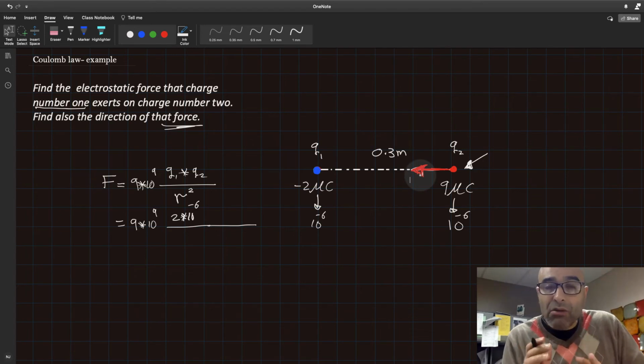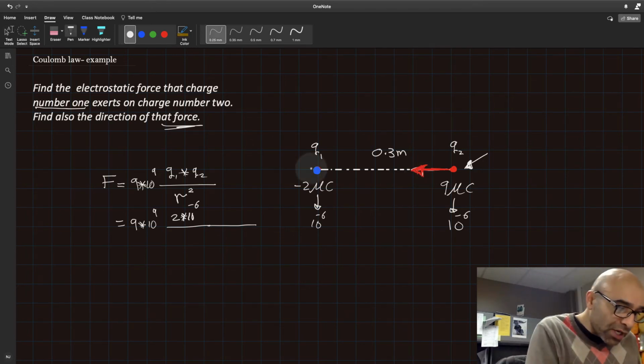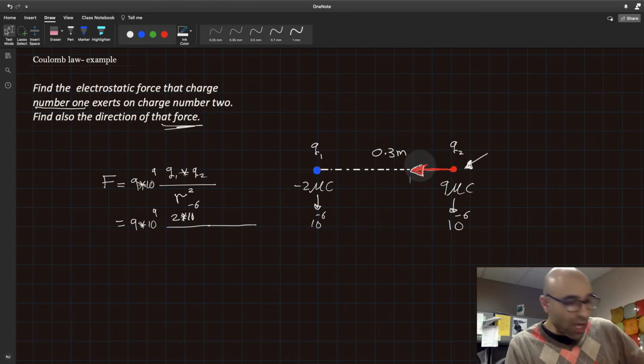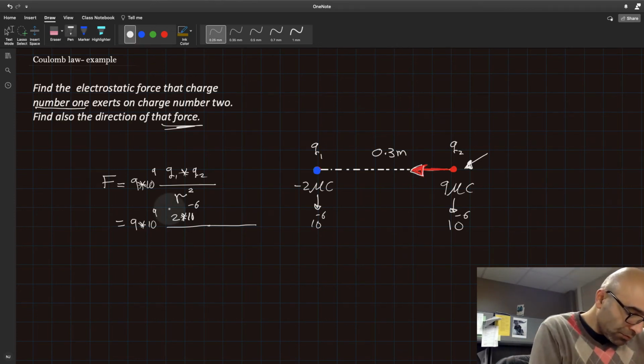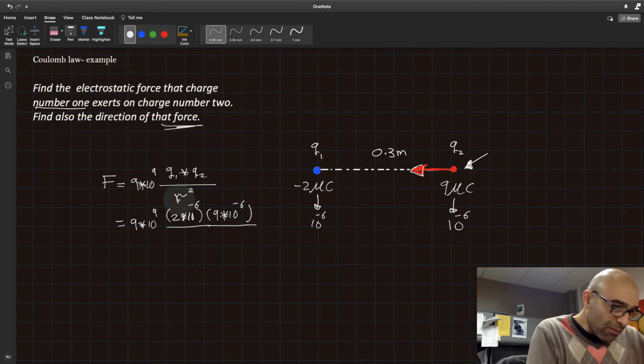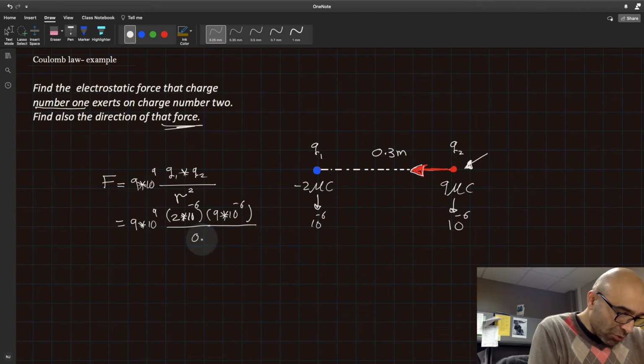So don't worry about the sign, because you already took care of it when you indicated the direction of the force. Okay? Now times Q2, which is 9 microcoulomb, which is 9 times 10 to the minus 6 coulomb, divided by the distance squared, which is 0.3 squared.